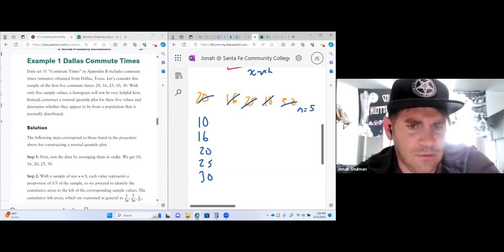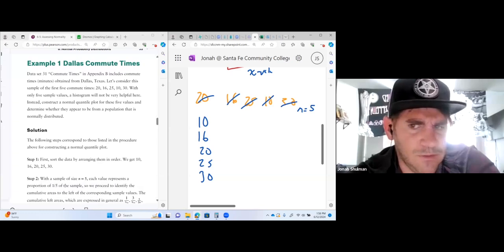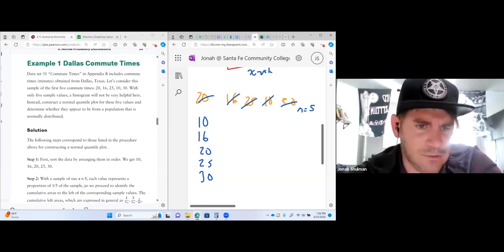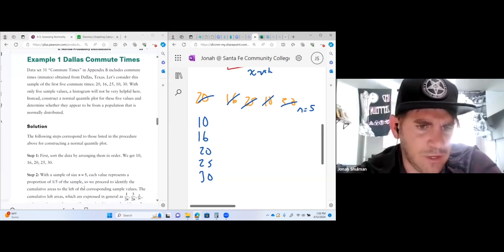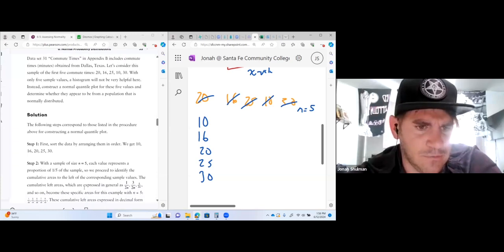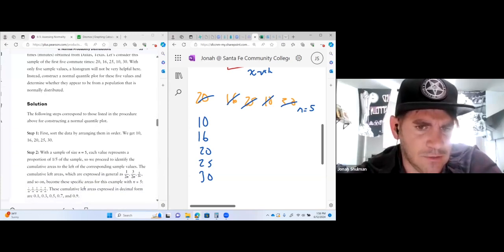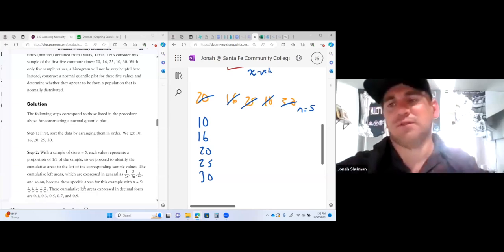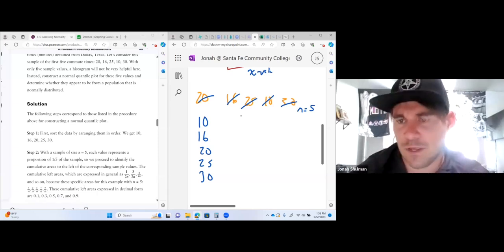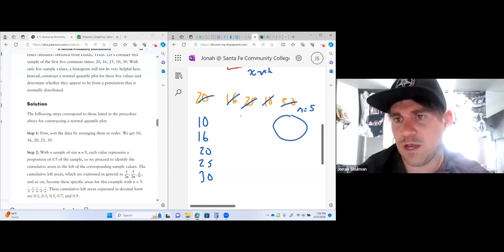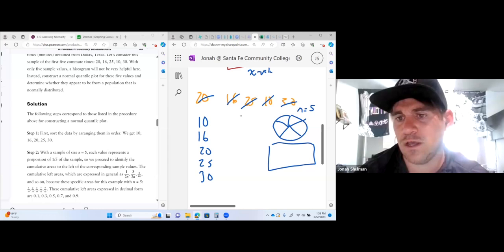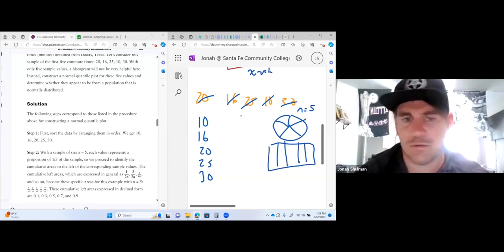All right, so each value represents 1/5 of the data. So we proceed to identify the cumulative areas left of the corresponding values. So these become specific areas. If I have a pie of 5, I need 5 slices. If we have a rectangle of 5, we need 5 of these slices.